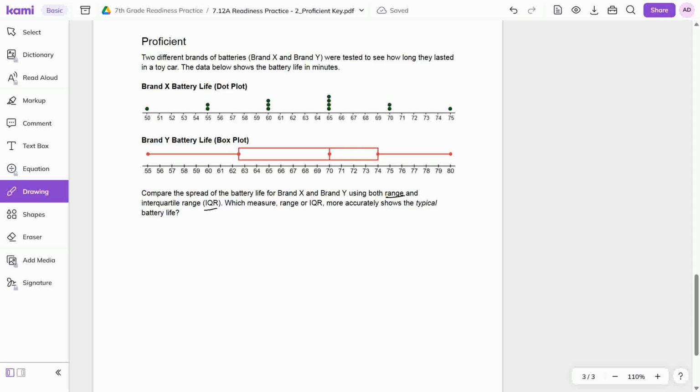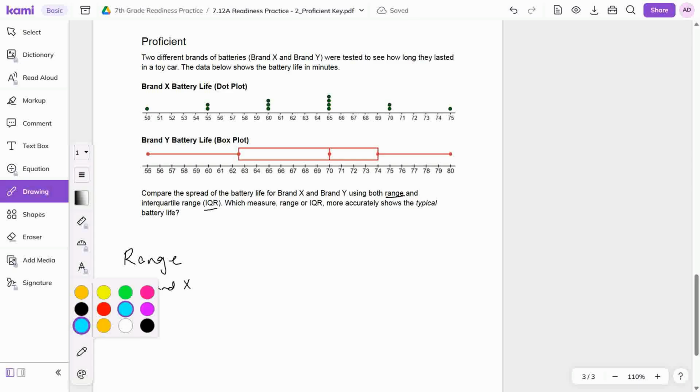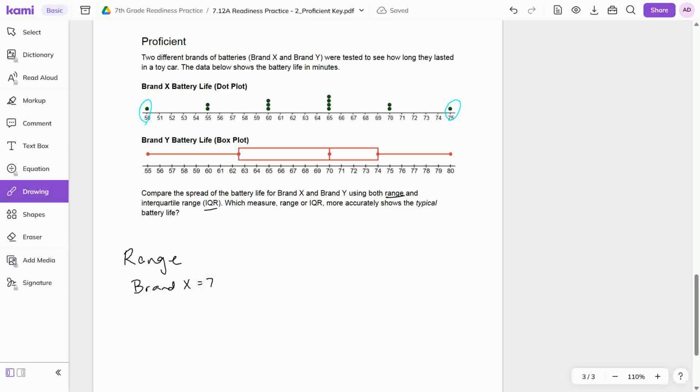All right, so let's look at our range. So we've got, it's not box, it's brand. Let's do brand X. Remember our range is going to be the lowest number, highest number. So that's going to be 75 minus 50 equals 25. Okay.